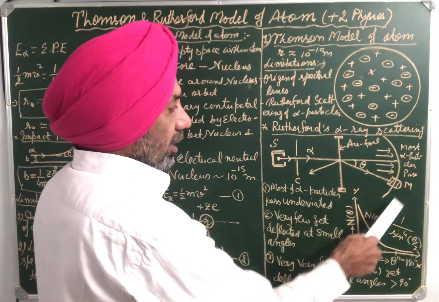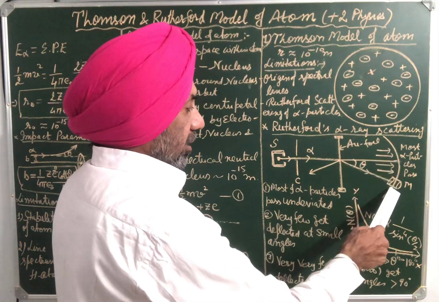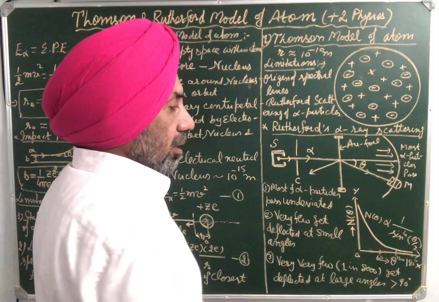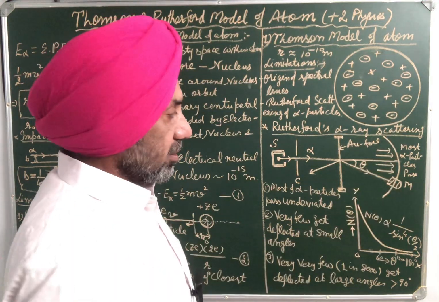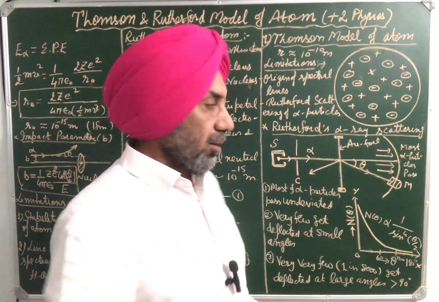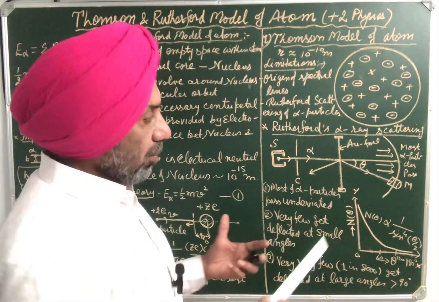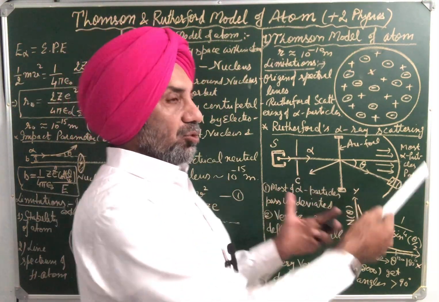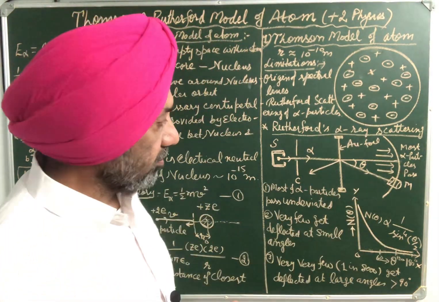Then there is a zinc sulfide fluorescent screen, where a microscope is used to detect and count the number of alpha particles scattered through the gold foil at different angles.